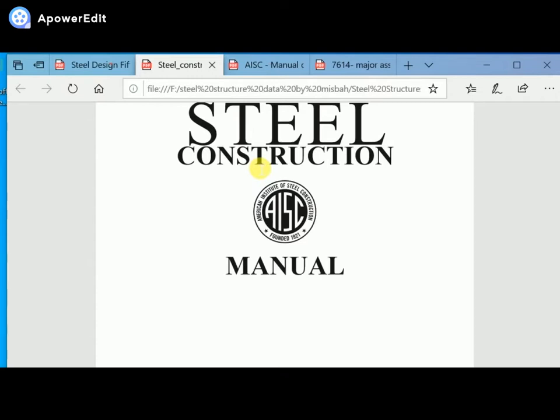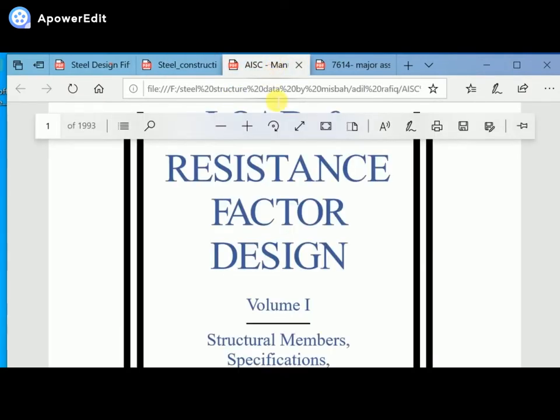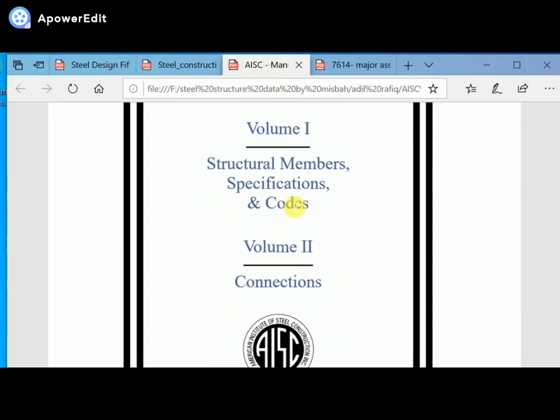I will explain these in my coming videos, topic wise, because if I start by just introducing these manuals, you won't understand, as they contain very vast material. So we will explain this topic wise. This is the LRFD manual.